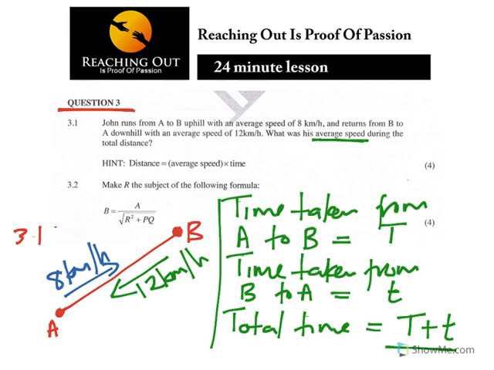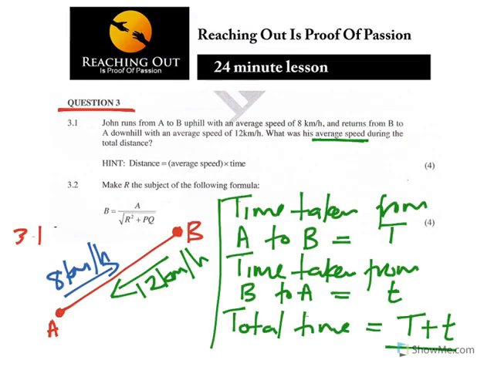Now, let's focus on the distance from A to B. Remember, they gave us a hint. They said, hint, distance is average speed times time. So, distance from A to B, what is the speed? Average speed is 8 kilometers an hour.